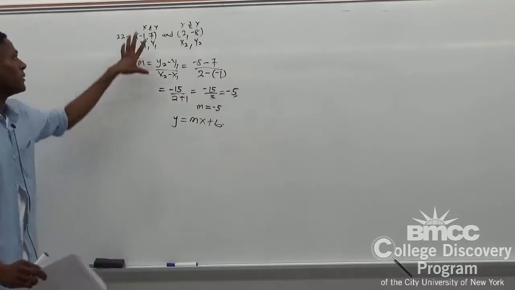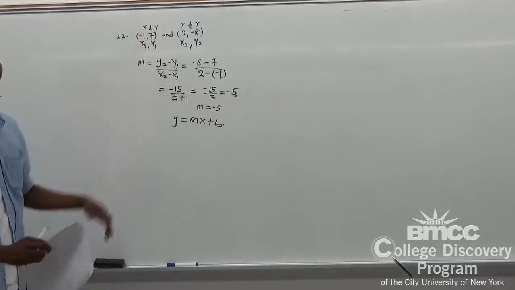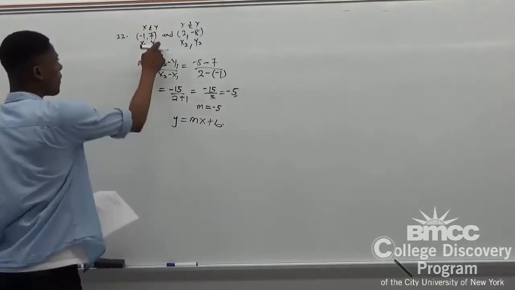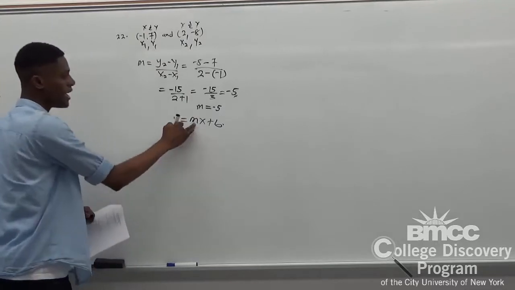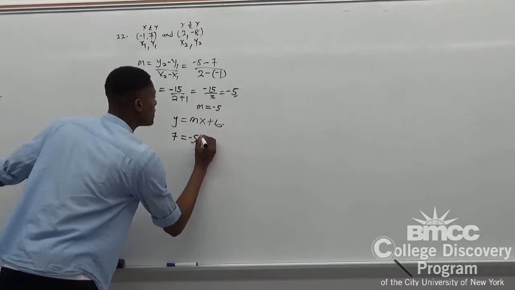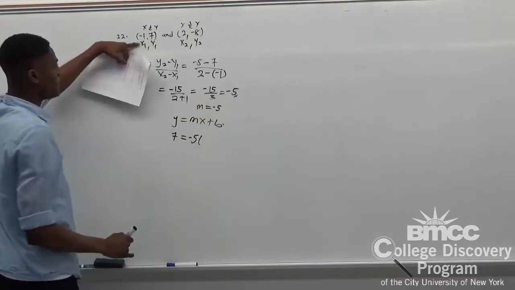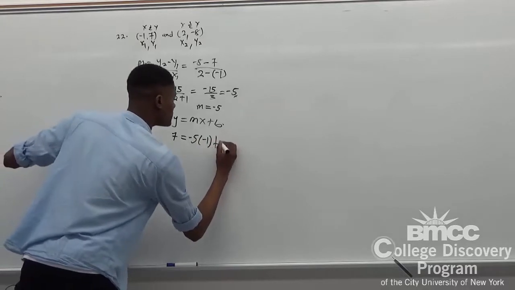So now let me take (-1, 7) as my first point. So y is 7. 7 equals m, which is -5, times my x, which is -1, plus b.